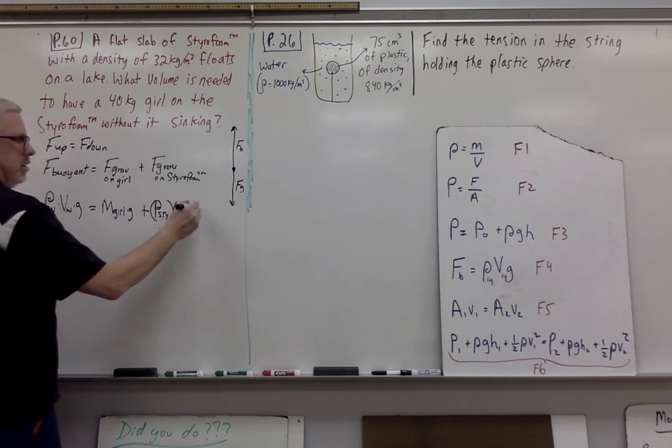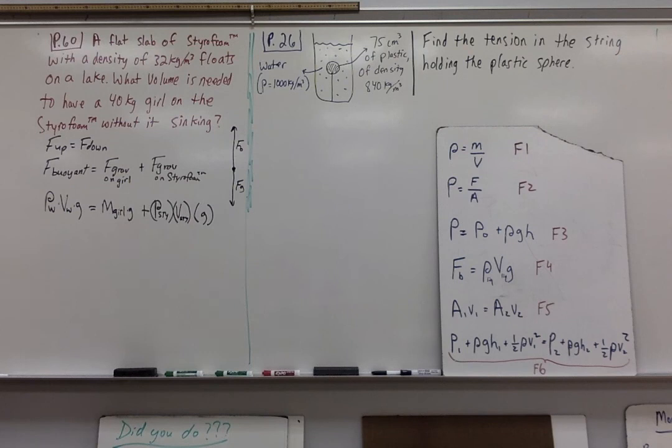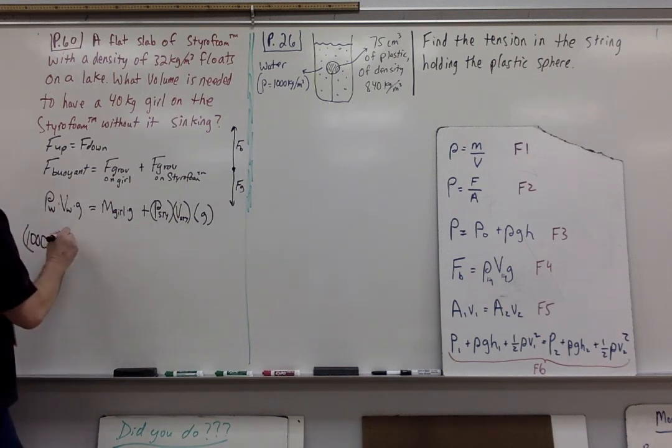And then g. So something like that. Let's put some numbers in over here. I'm going to say 1,000 kilograms per cubic meter. Don't know the volume yet. g is 9.8.